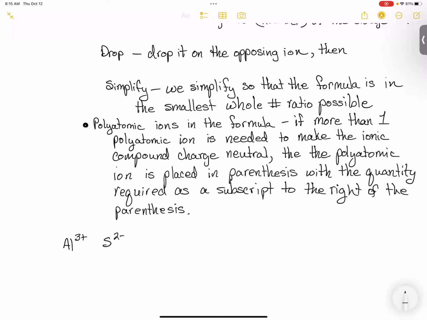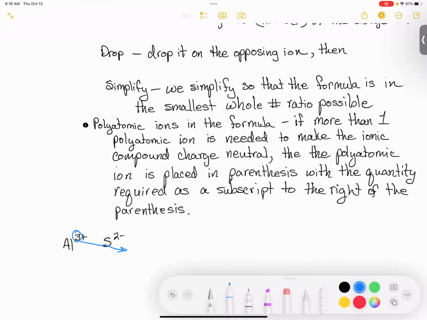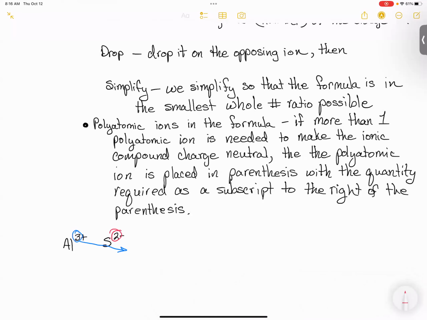Okay, we have aluminum and we have sulfur. We're going to cross the aluminum's charge magnitude and drop it onto the sulfur. We are going to take the sulfur's magnitude and drop it onto the aluminum.